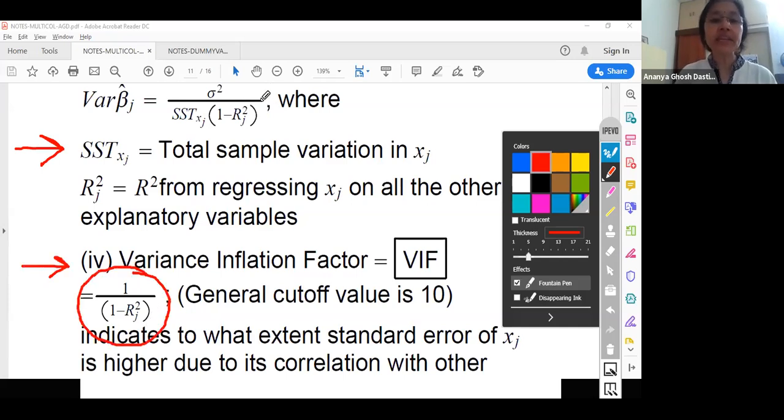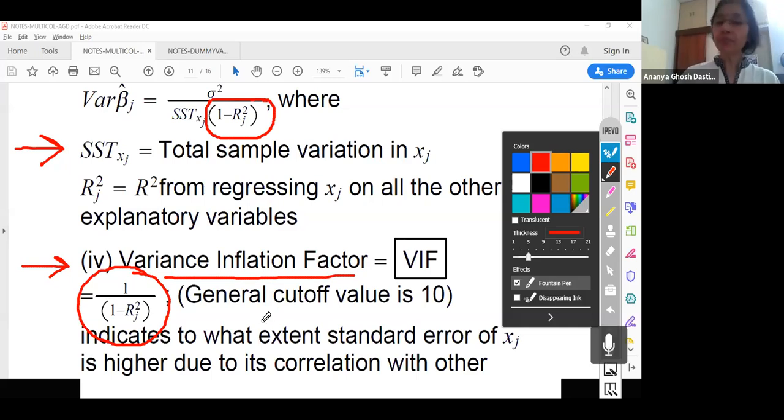So the variance inflation factor is in fact just looking at this bit to see to what extent the presence of that variable is causing a problem in your regression, in the sense of to what extent the standard errors, the variance of your estimators, are getting inflated owing to this high correlation among the explanatory variables.